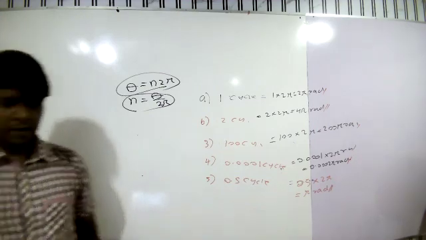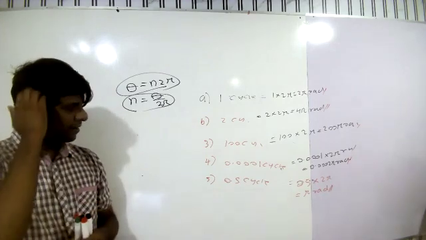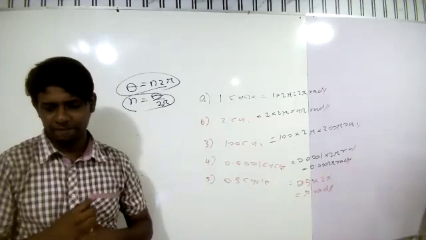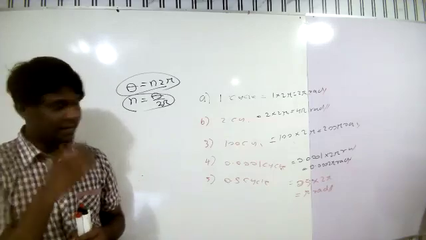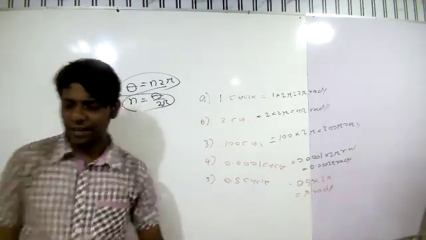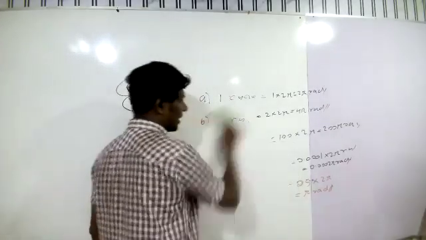Then the next one, write this in a new line. Find the number of cycles rotated for the following angles of rotation.